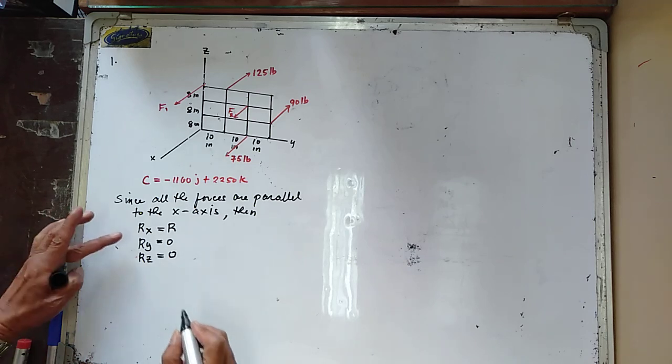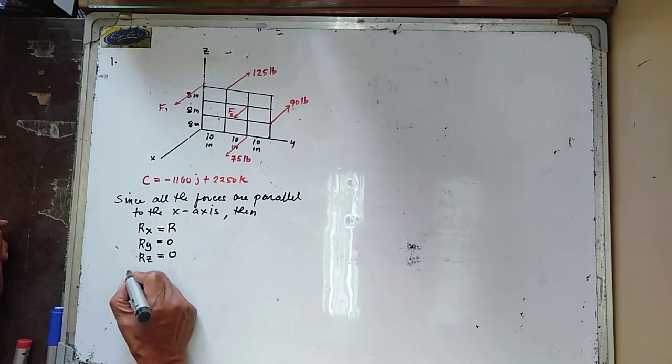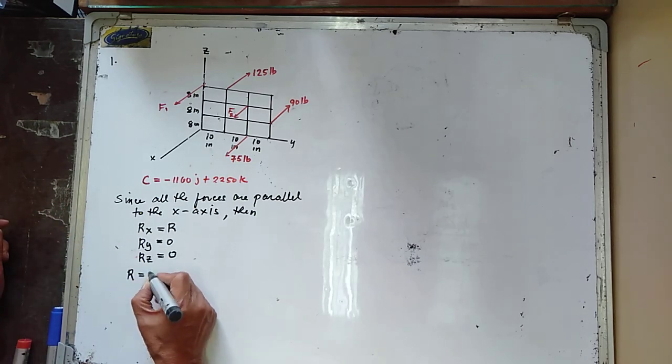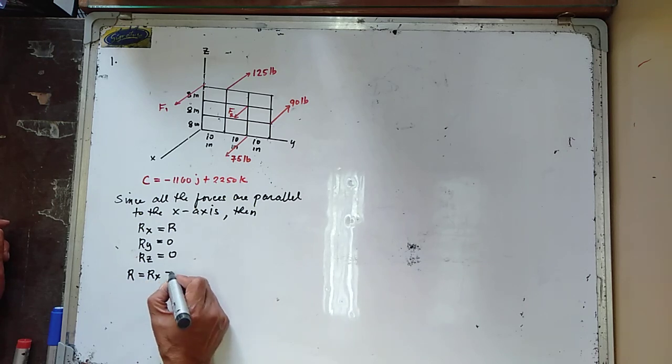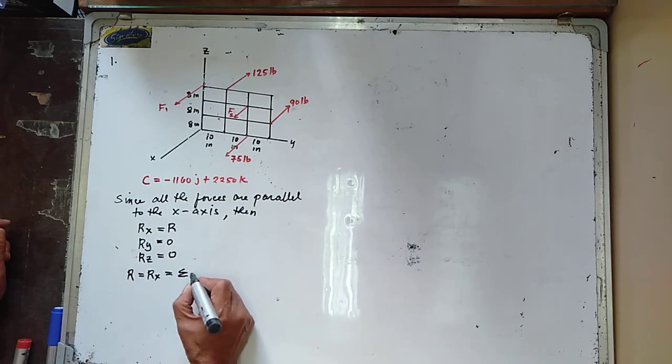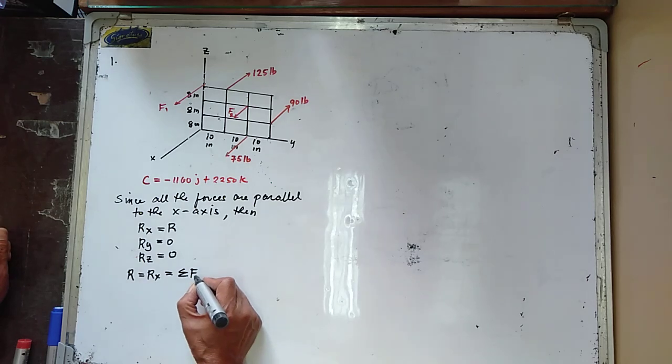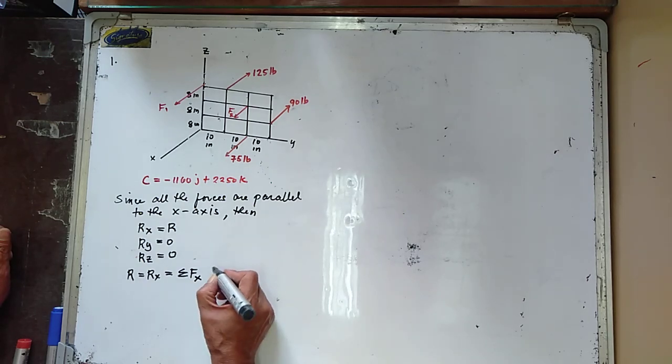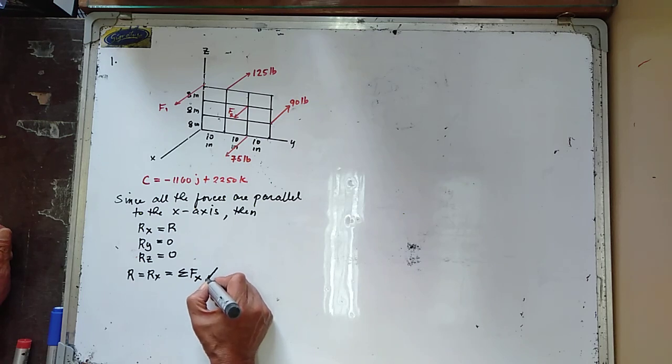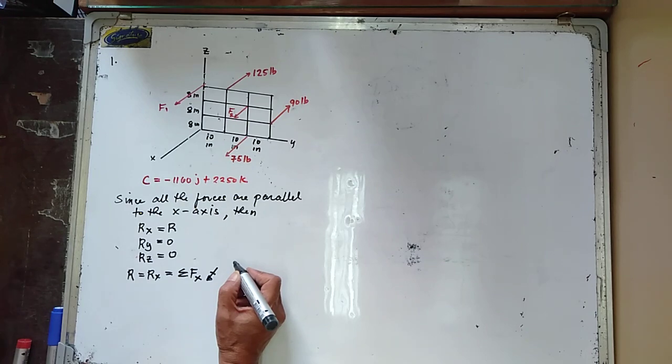So let's try to determine now the resultant force, which is equal to Rx, and this is equal to the summation of forces along the x direction pointing forward. Let's take pointing forward as positive.